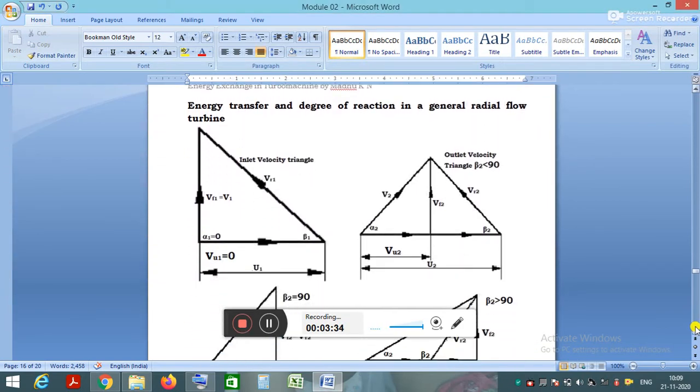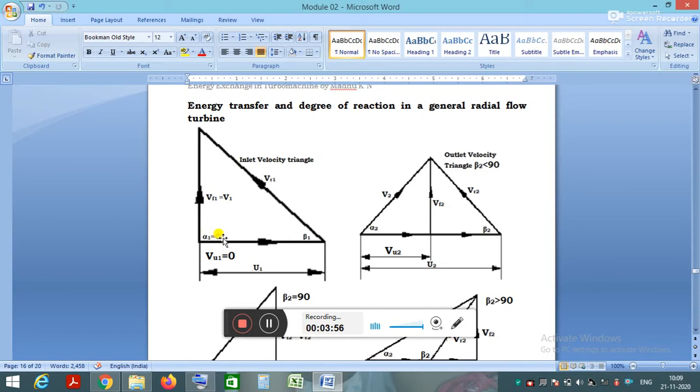Okay, the next concept is the energy transfer and degree of reaction in a general radial flow turbine. I already said the fluid enters radially to the turbine. Therefore, the inlet nozzle angle alpha 1 is 90 degrees.